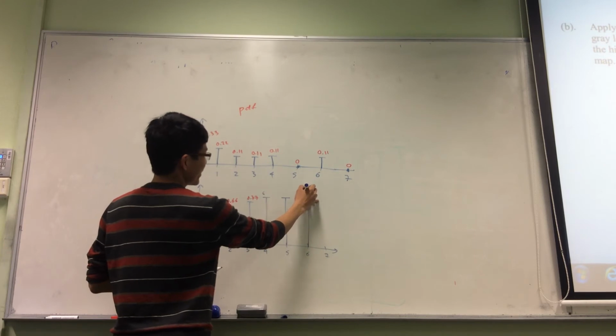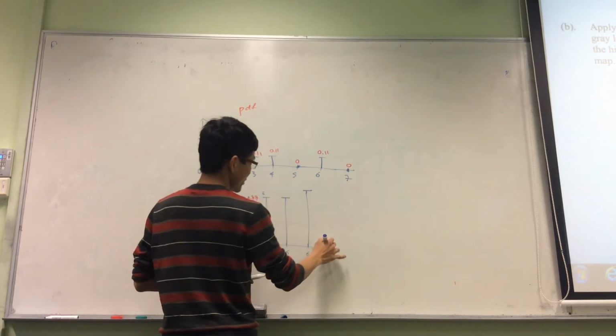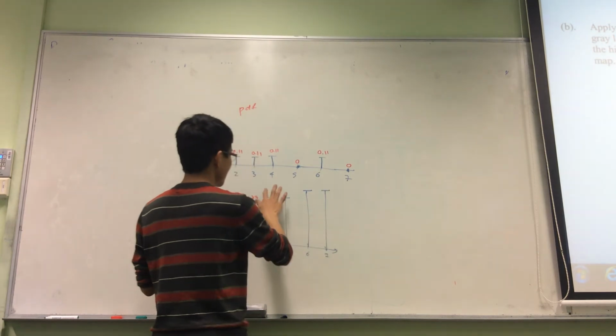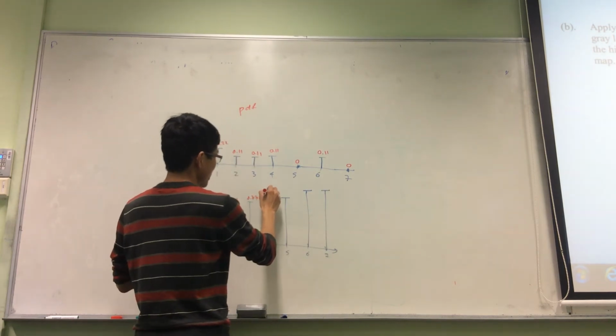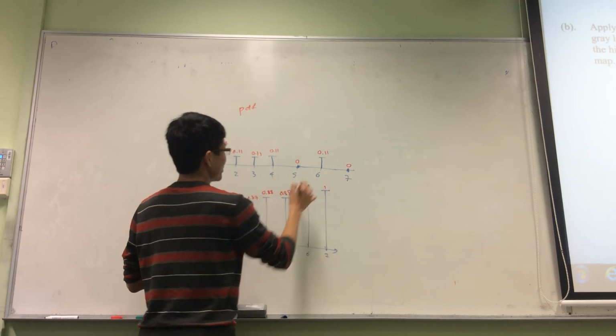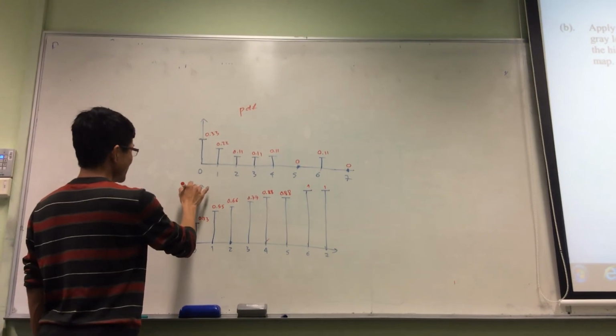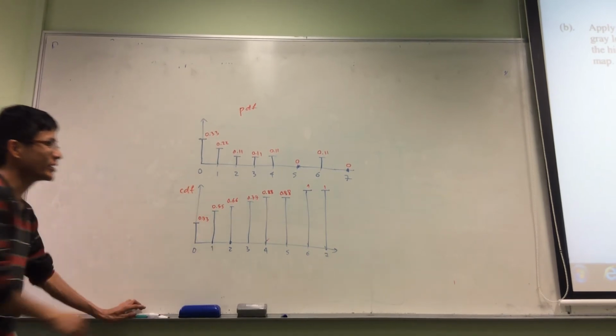It should be 1 there, because if we round up, it will be 100%. 7 is 1. Right, so this one is called a CDF, cumulative distribution function.